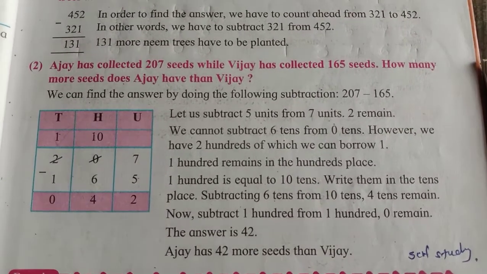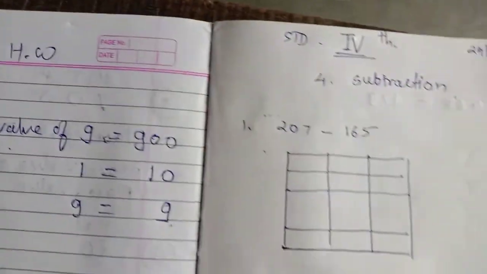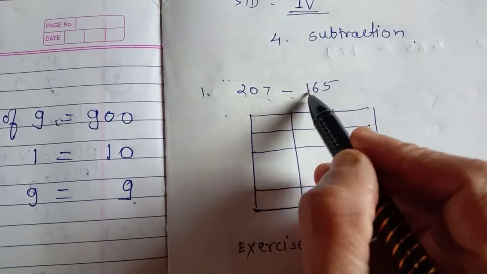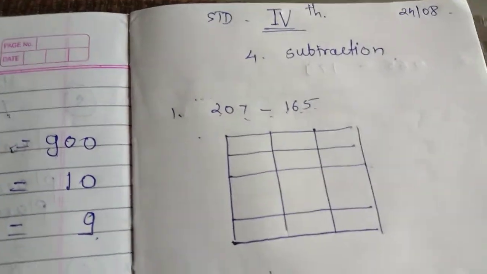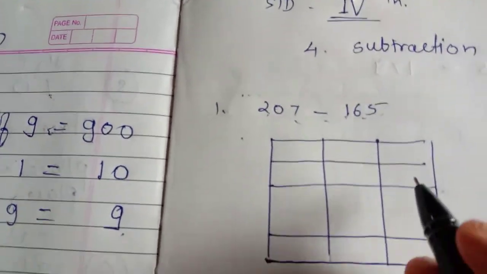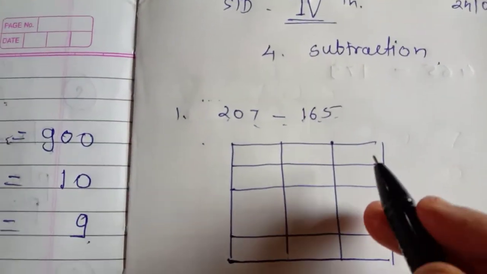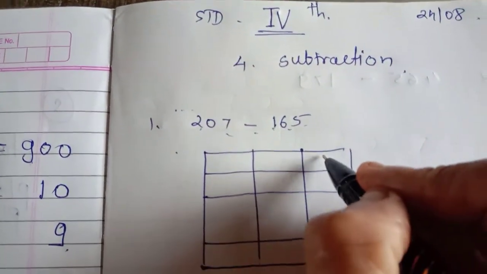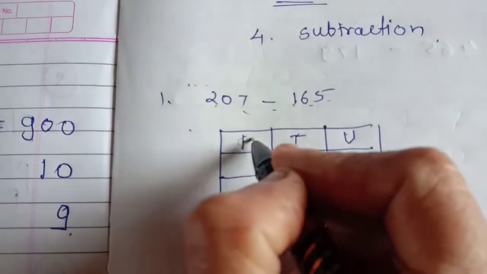Okay. Now look here. First sum is given here. First sum is that 267 minus 165. So what do you write? When I teach you, you first draw the columns, then write down the unit, tens, hundreds.